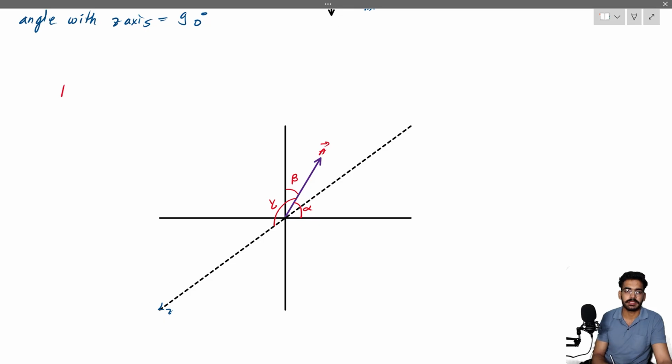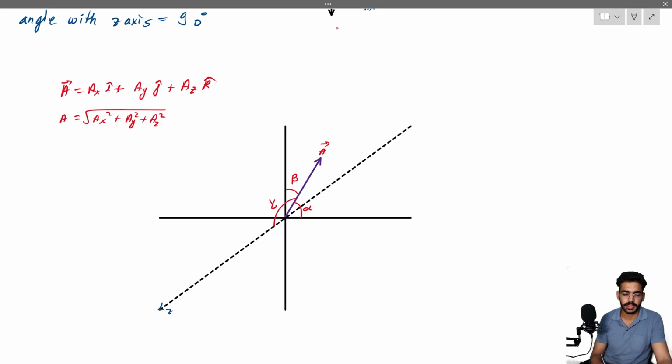So a vector is given as ax i cap plus ay j cap plus az k cap, whatever. Now if you want to find alpha, beta and gamma, then how will you find out? I can write magnitude of a, that is under root of ax square plus ay square plus az square, right?